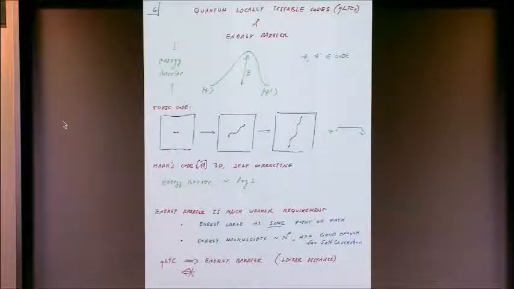So it looks like energy barrier is a much weaker requirement than LTC. First of all, because the energy barrier just requires that during the path we'll get to some large energy, whereas for LTC we want that whenever we get far away from the codeword, then we get large energy. That's one thing.